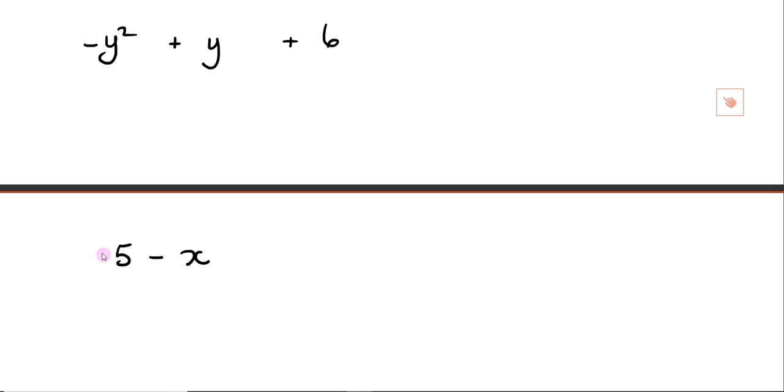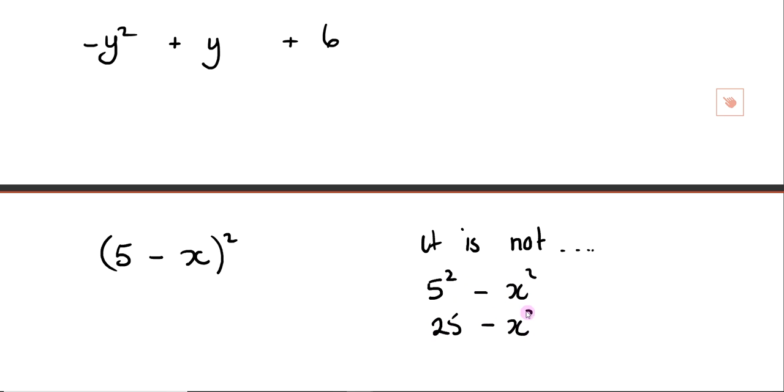5 minus x squared. We already talked about one like this. It's not 5 squared minus x squared, which is 25 minus x squared, is it?